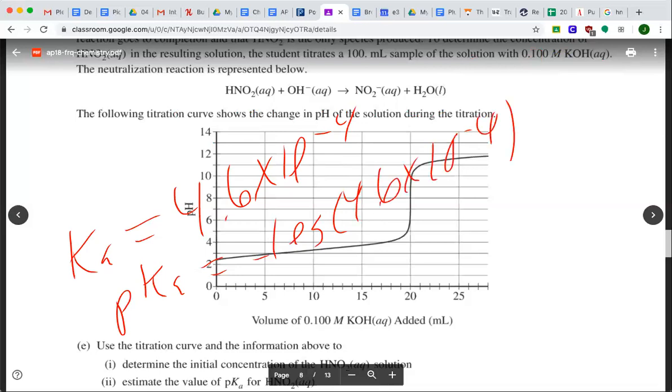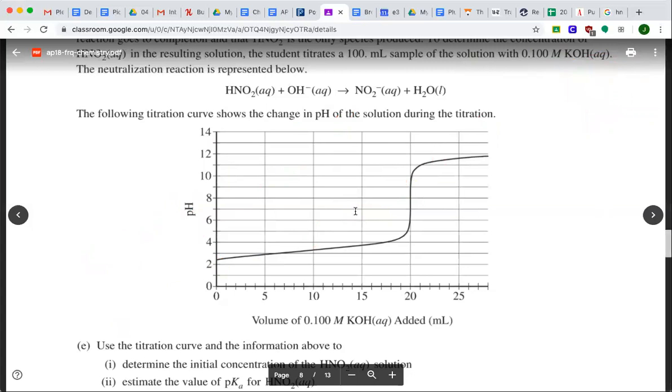Okay, let's see what that gives us. That's going to be roughly 3.4. All right, I'll clear this out and we can move on.